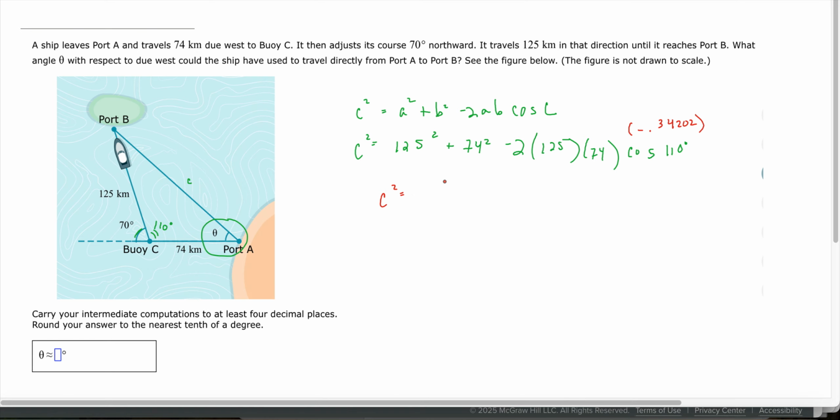So c squared is going to give you a number once you plug all of that in. And then to get c, of course, we're going to take the square root of that, which will be 165.6151. Make sure you take it out a number of places so we can round at the end. All right, so that gives me this side.